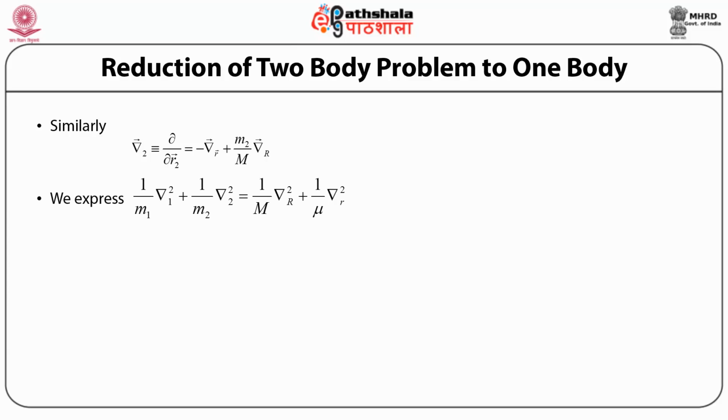Now we express del1 squared by m1 plus del2 squared by m2 equal to del capital R squared by capital M plus del small r squared by mu.